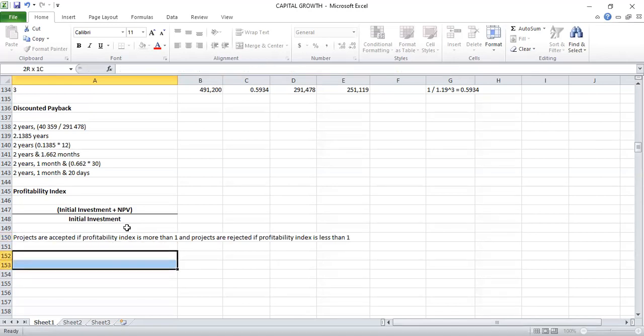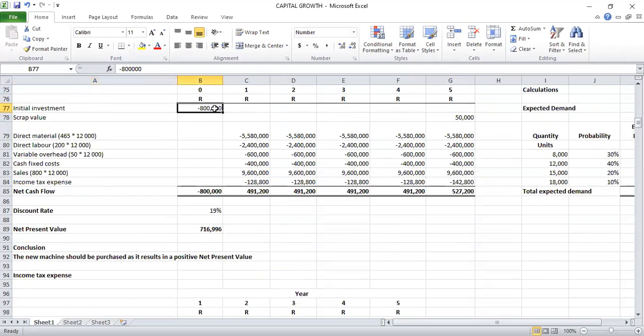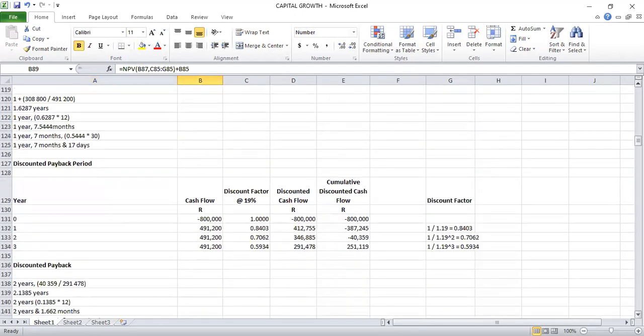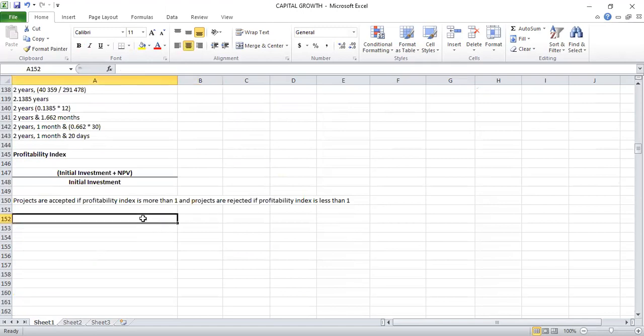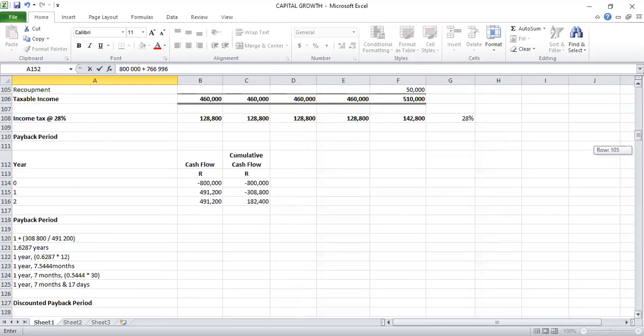So the profitability index for this project that we're looking at: the initial investment, we know that it's 800,000. The NPV, we know that it's $716,996.